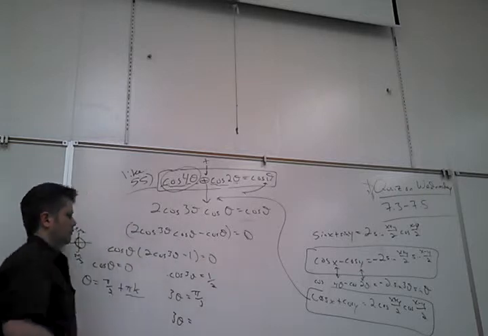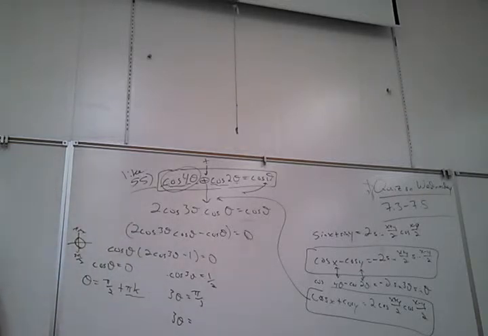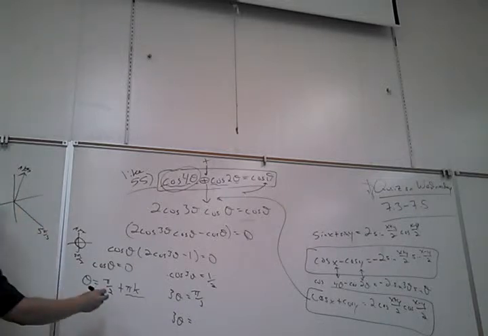Cosine of pi over 6 is going to be root 3 over 2, it's going to be the bigger one. Where else is cosine positive 1/2? Pi over 3, or 5 pi over 3.